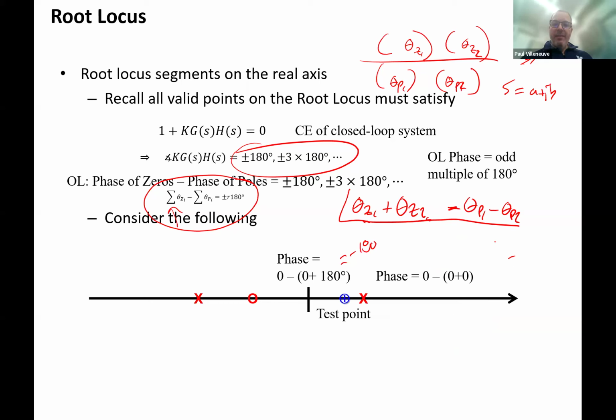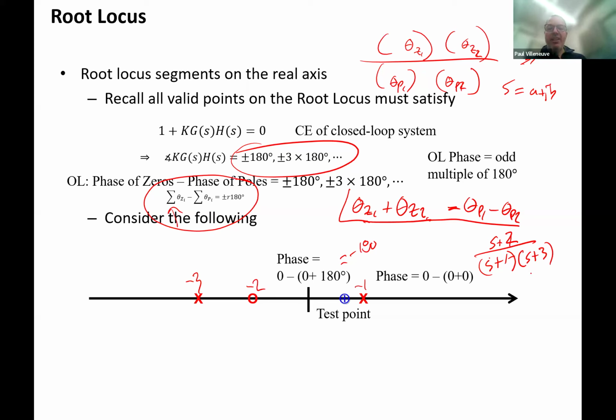All right, so let's say that we have s. This is not the origin, so we'll say that this is s plus 2 over s plus 1 times s plus 3. I'm just picking points, so let's just say this is minus 2, this is minus 1, and this is minus 3. Okay, those are the original ones.